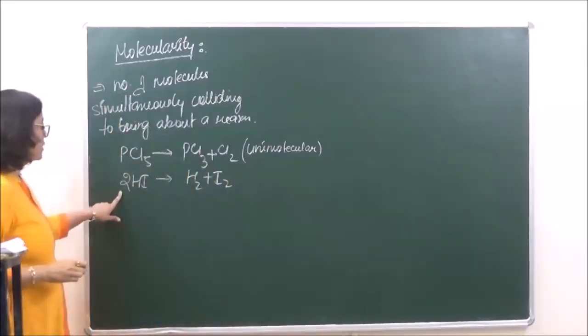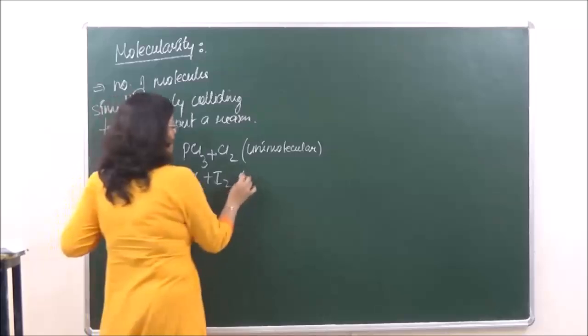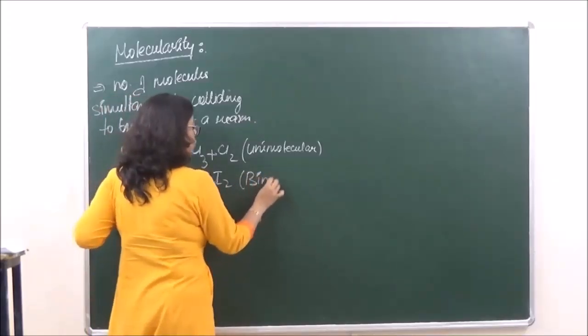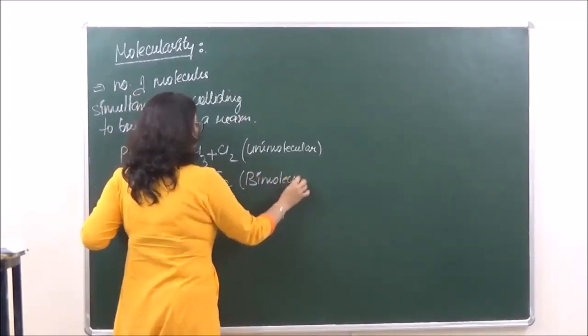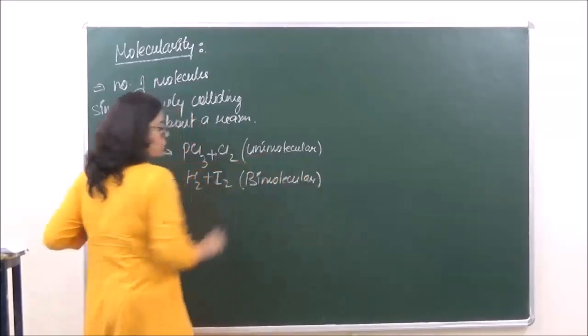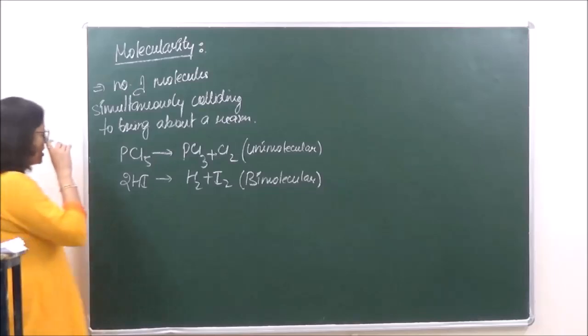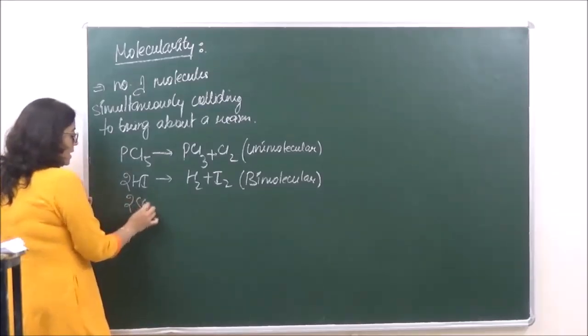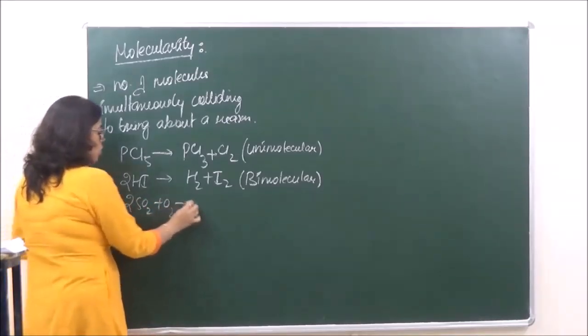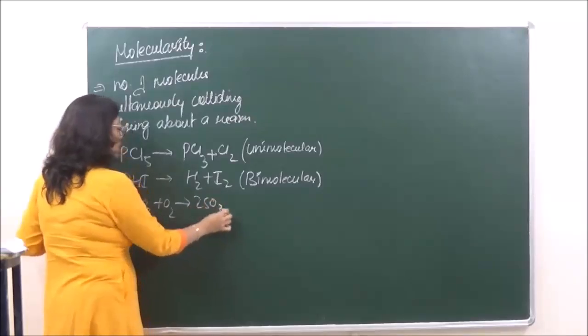Over here, two molecules are reacting. Such reactions are said to be bimolecular in nature. Then we can have even trimolecular reactions, like for example, SO2 plus O2 to give us 2SO3.